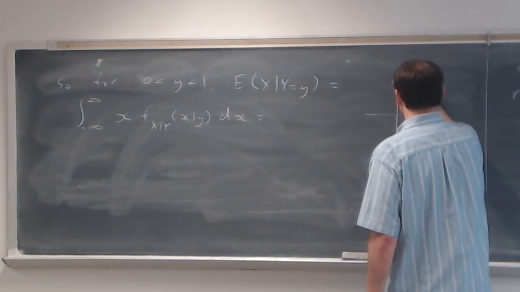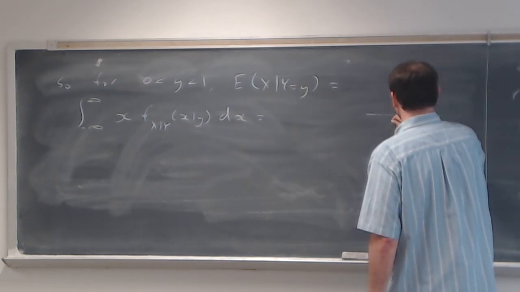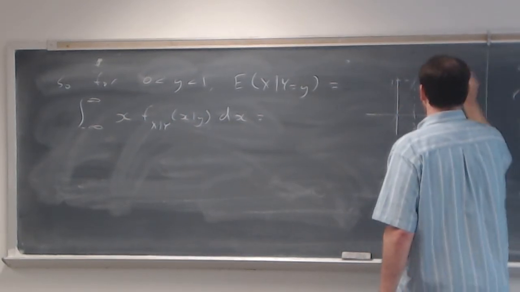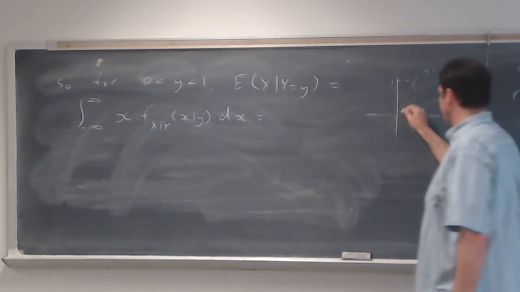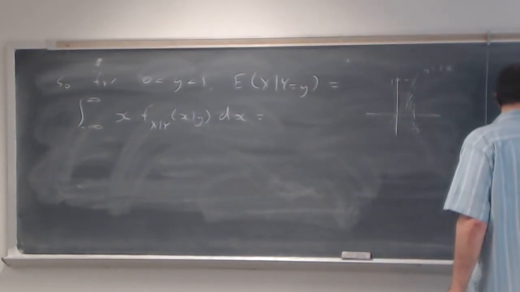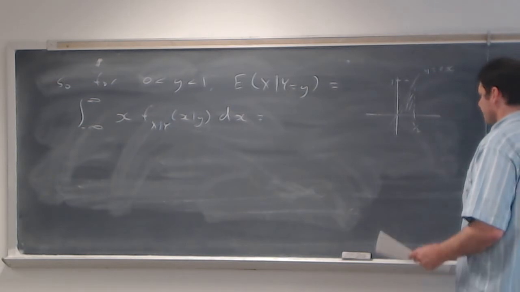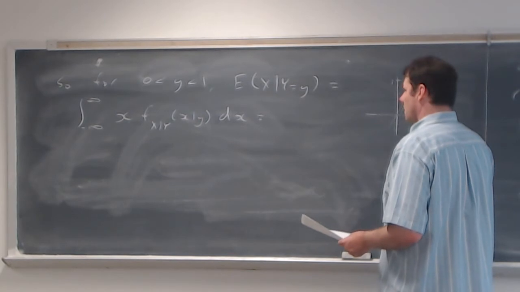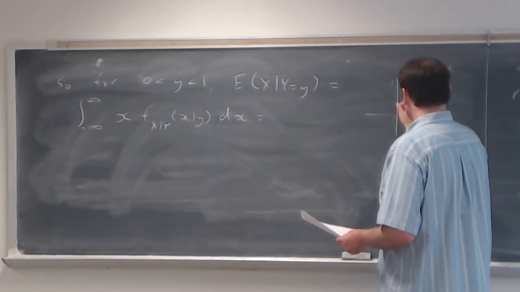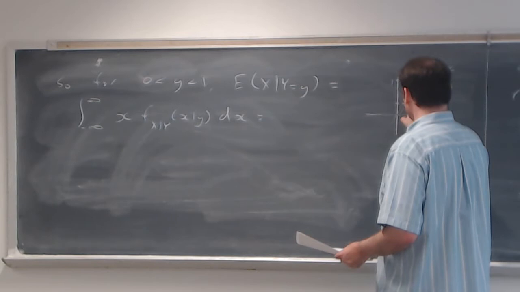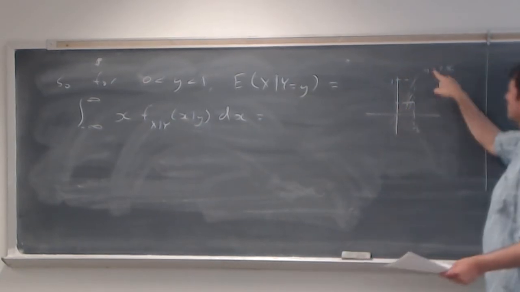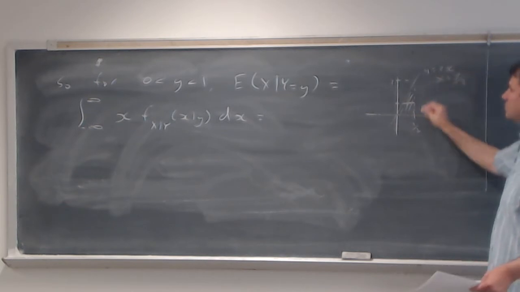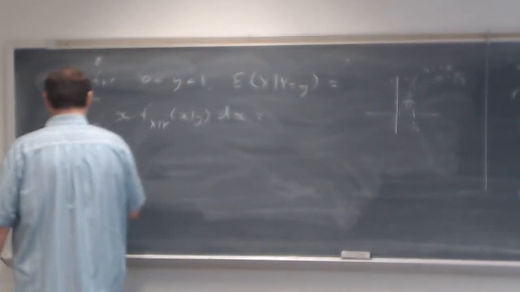This is 1, 1 half. I have this here. This is y equals 2x. And it was defined here, y was less than 2x. And so over this region, for a fixed y, where do the x values run from? They run from this line, y equal to 2x, or x equal to y over 2, to x equal to 1 half. And so that ends up being what I integrate over.